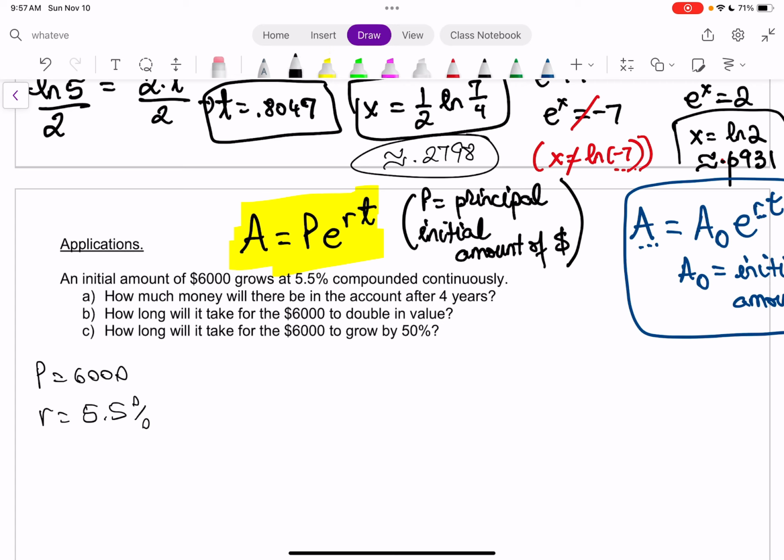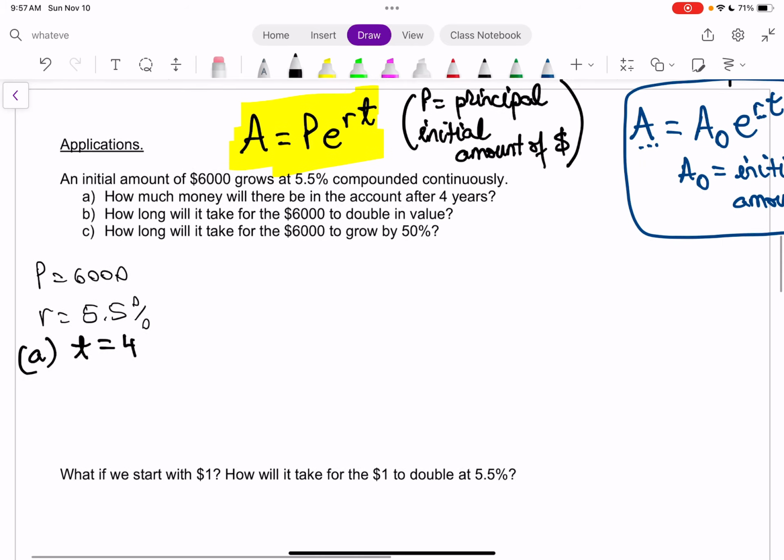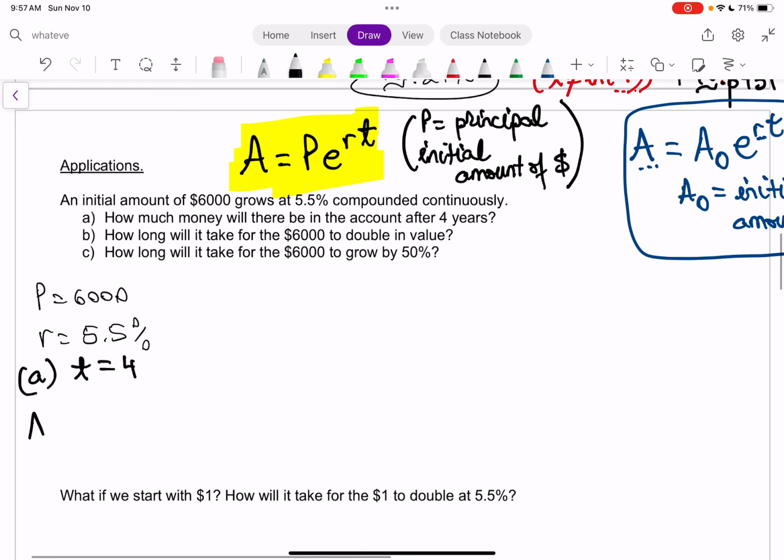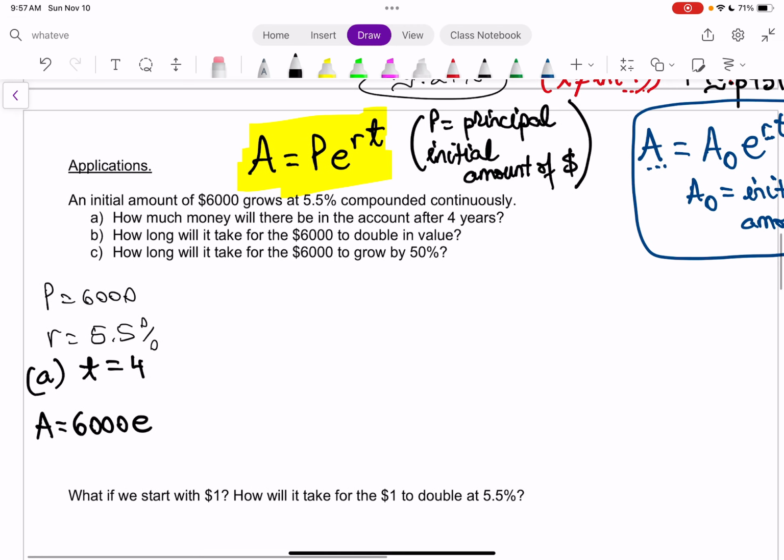So we know that the time is 4 years. Great. So all I have to do is put all these numbers in my calculator. 6,000 times e to the power of, now remember, you don't write 5.5, it's 5.5%, so 5.5 per 100, in other words, divided by 100, and then times 4.